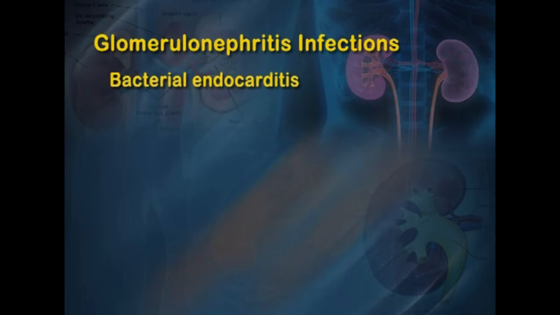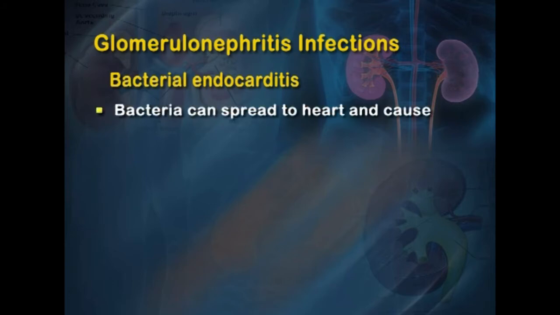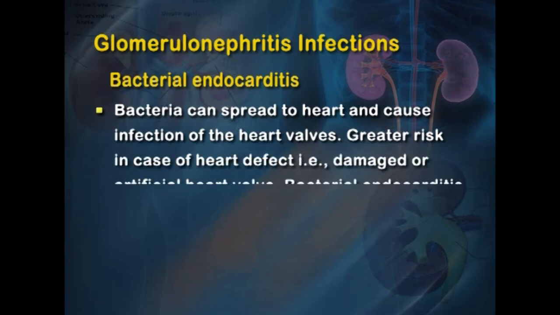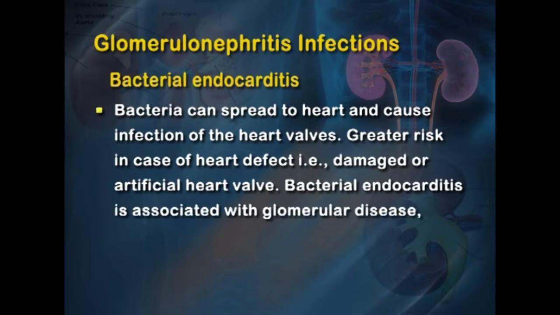Then there can be even bacterial endocarditis, inflammation of the cardiac membrane. Bacteria can spread to the heart and cause infection of the heart valves. There is greater risk in case of heart defect, that is, damaged or artificial heart valve. It is associated with glomerular diseases, but the exact link between these two is not yet established.